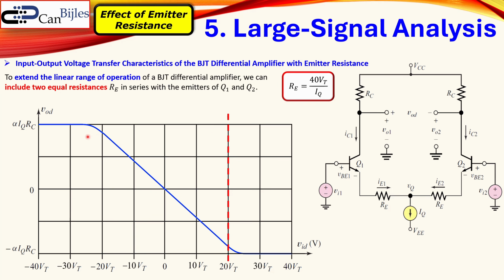Now in this case, you can see the transfer is quite linear for very large regions. So the two vertical lines are actually extending between minus 20 VT up to plus 20 VT. You can see again they are crossing here at the origin 0,0, so VID can be made pretty large in its extent.